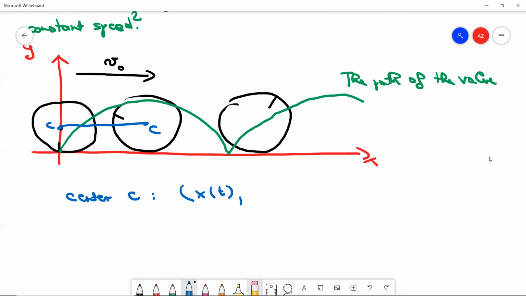So the position of the second coordinate is constantly the same. We can connect it with the radius of this wheel. So it's exactly r for every t. This x of t, we say that this bicycle travels with horizontal speed v naught, so it's v naught times t.